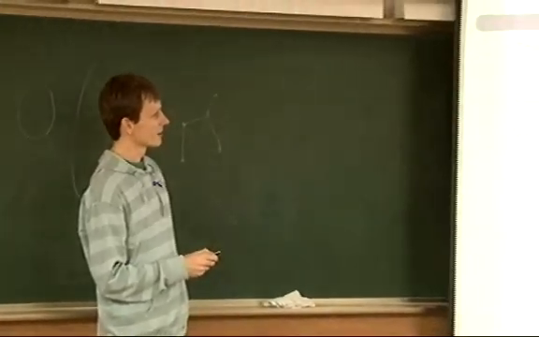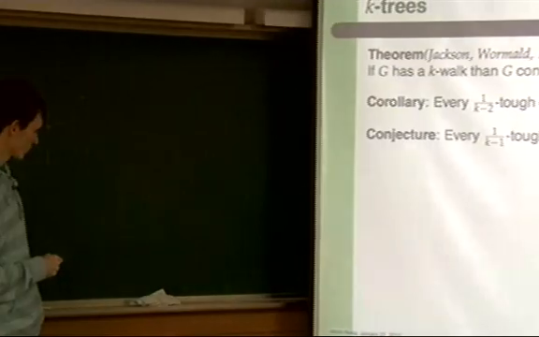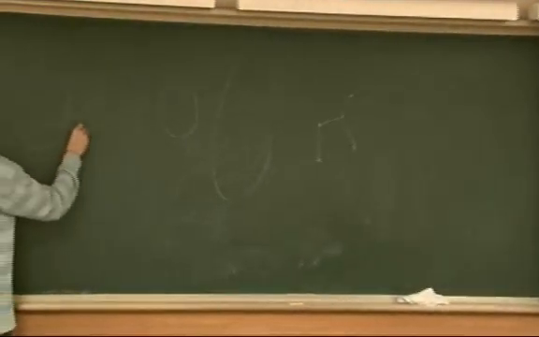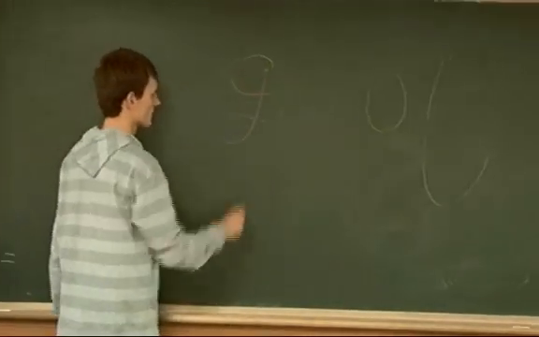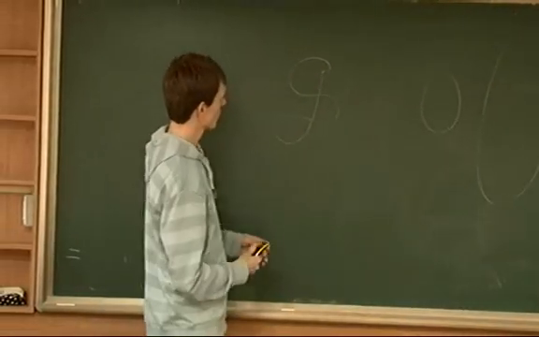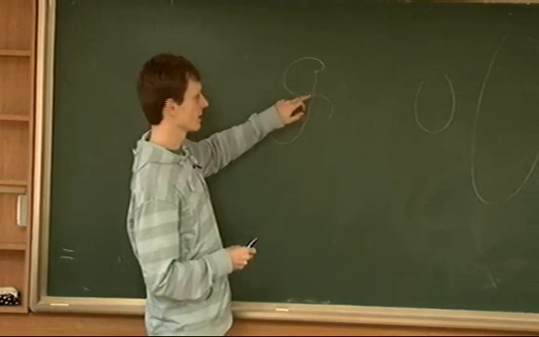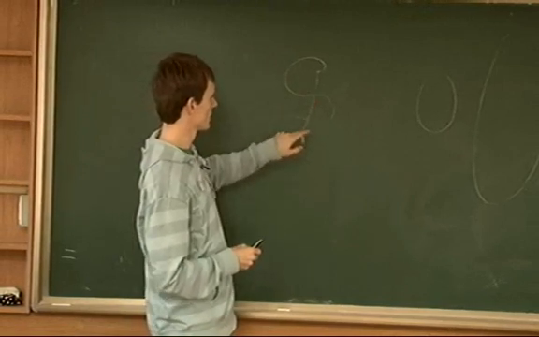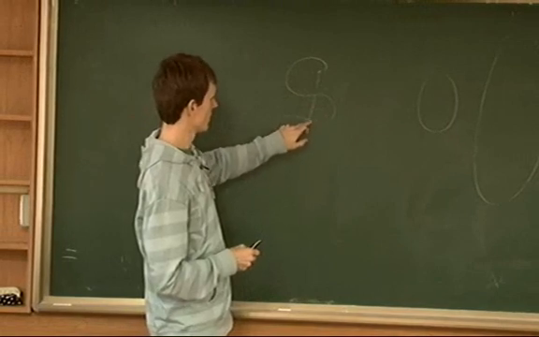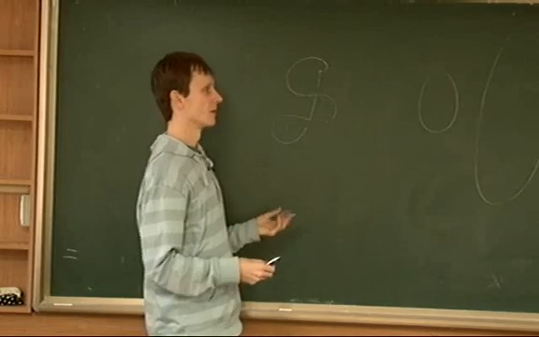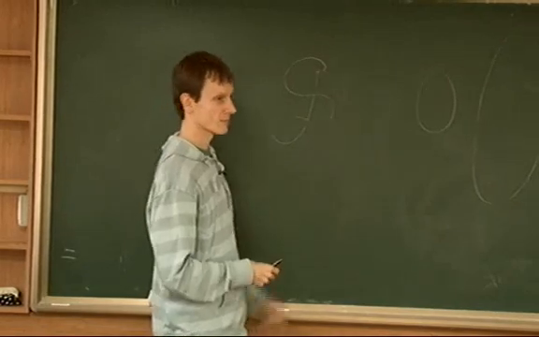The second implication is proven by induction, but if you have a 2-walk, and the 2-walk crosses itself, you just remove one edge nearby, and here as well, what you get is a k plus 1 tree.